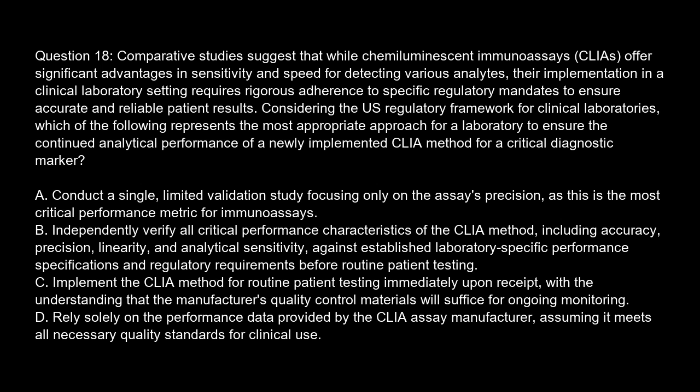Option C. Implement the CLIA method for routine patient testing immediately upon receipt, with the understanding that the manufacturer's quality control materials will suffice for ongoing monitoring. Option D. Rely solely on the performance data provided by the CLIA assay manufacturer, assuming it meets all necessary quality standards for clinical use.